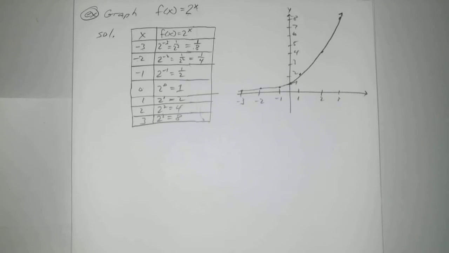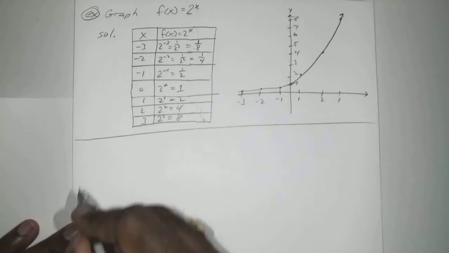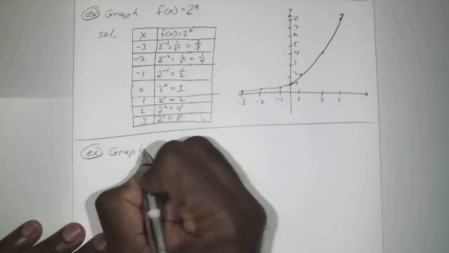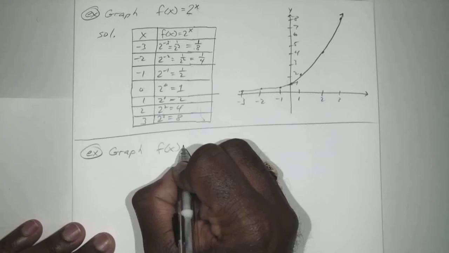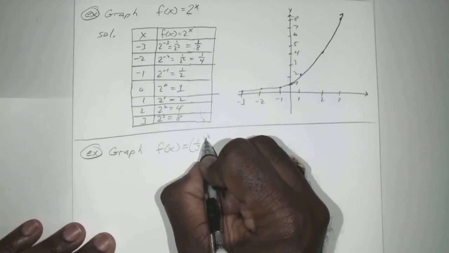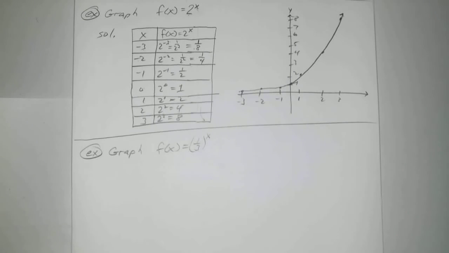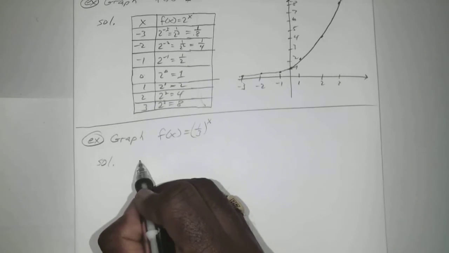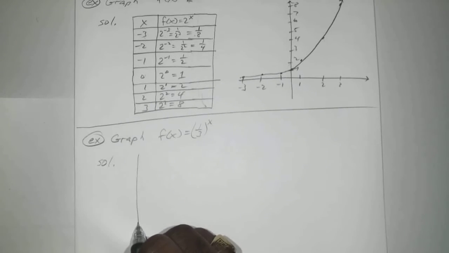Okay, so let's say instead we graph f of x equals 1/3 to the power of x. We start off the exact same way, but instead of -3 to 3, I'll just go from -2 to 2.